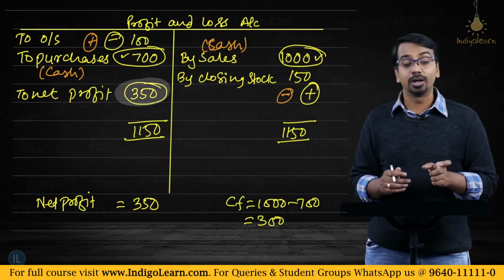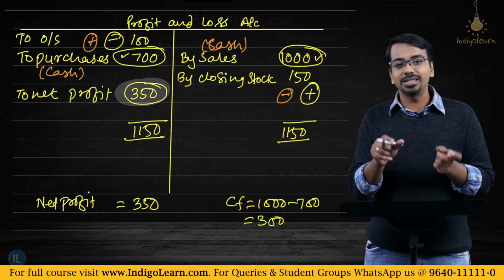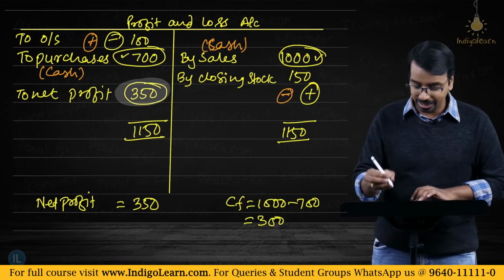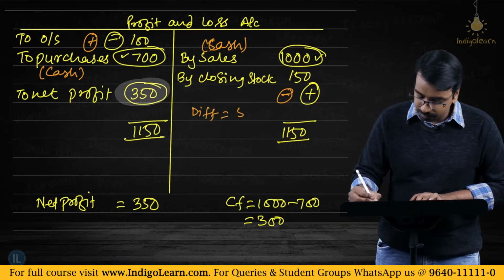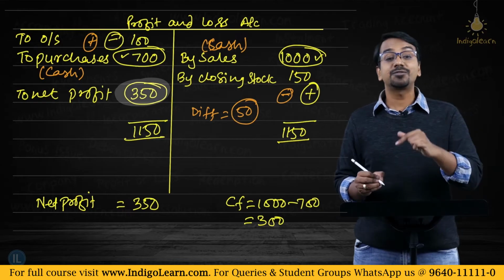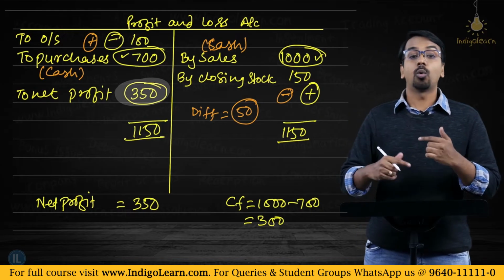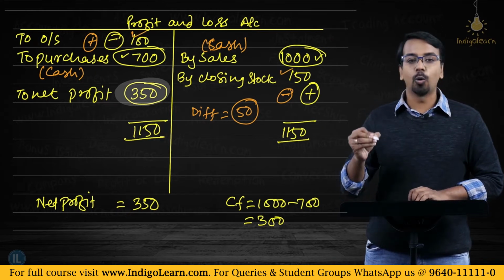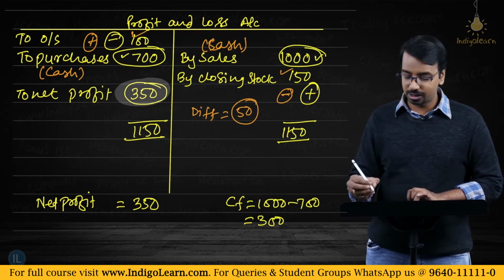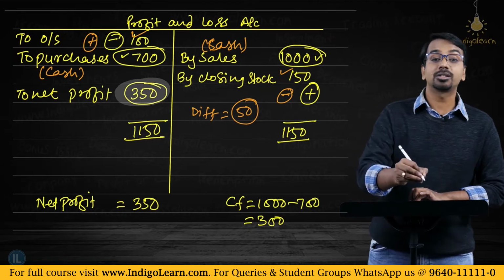So what I will do is I will add this 100 and I will reduce this 150. In other words, can I say whatever is the difference in opening stock and closing stock? In this case, 100 and 150, difference is only 50. This 50 I should adjust. Now, how will I adjust that? If you see, my closing stock is higher than my opening stock. So, this particular closing stock I will reduce, opening stock I will add.